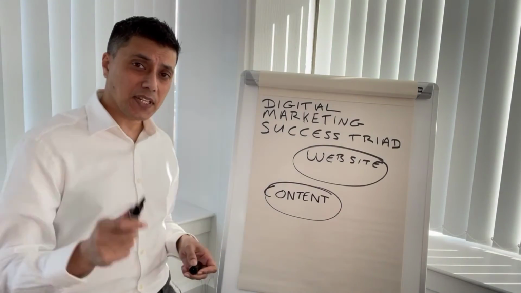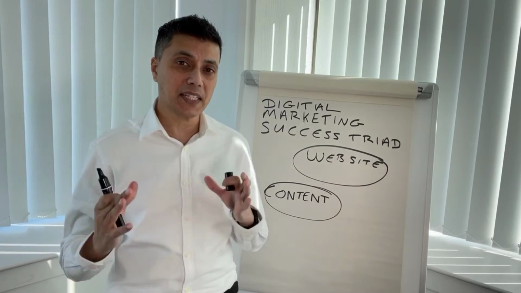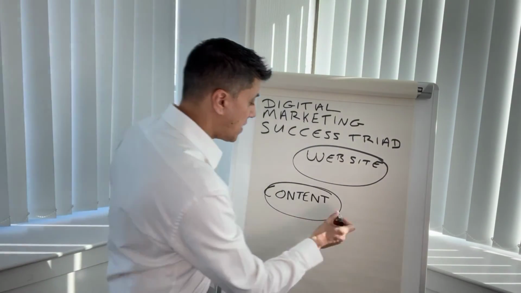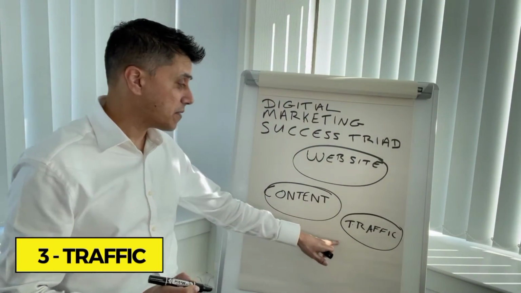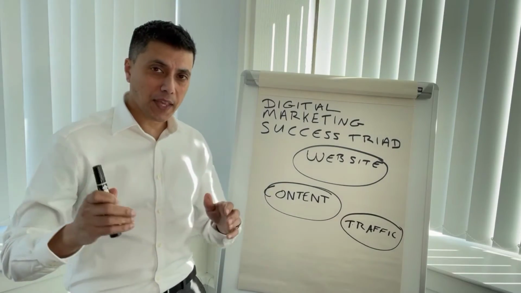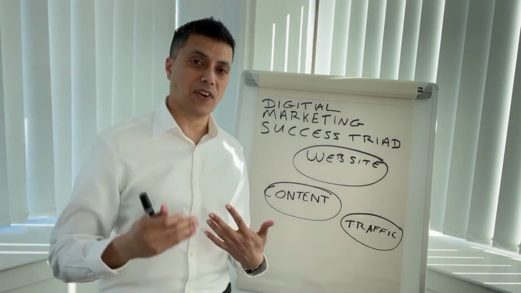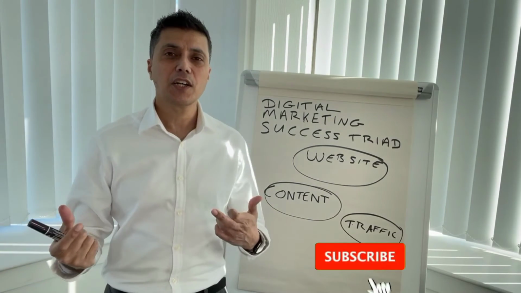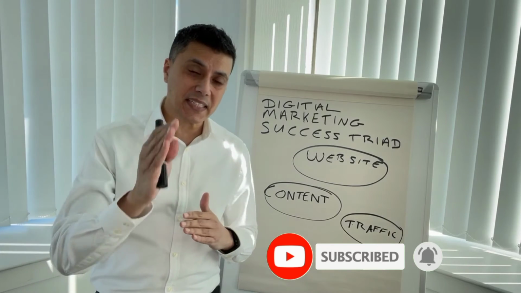Okay, now the third element of ensuring your digital marketing campaign is set up for success is your traffic. Okay, so what I mean by that is you've got to make sure that you haven't just got a quantity of traffic, but it's the right traffic. People are searching for your products using research, using buying intent keywords.